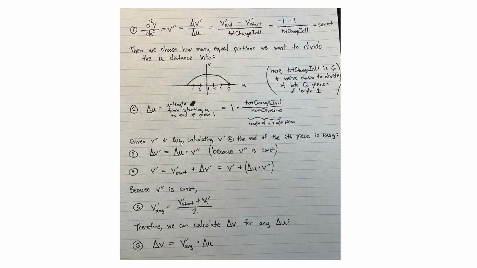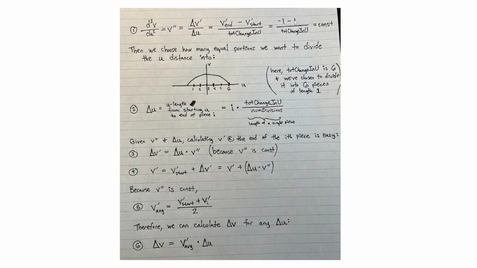And so I say here, given that we can calculate the second derivative, because we can calculate it as the total change in the derivative divided by the total change in U. So the ending derivative is -1, as we discussed, and the beginning derivative is +1.